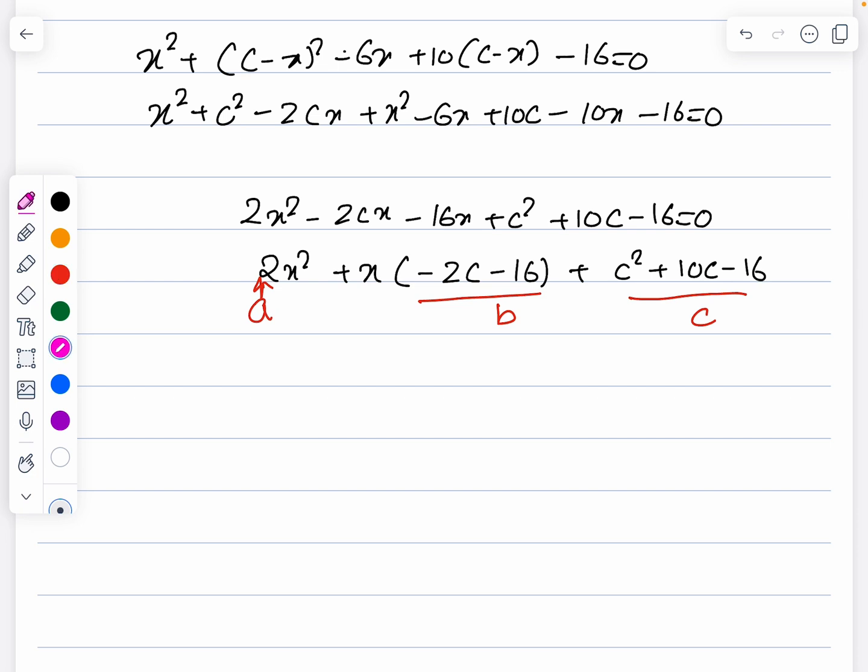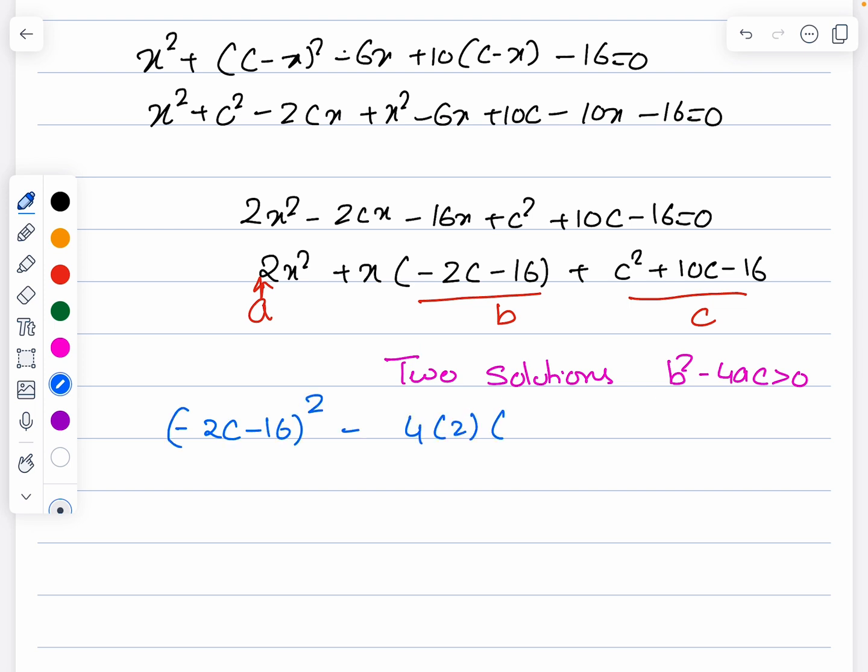If we have two solutions, remember, if we have two solutions, b square minus 4ac is greater than 0. So I am going to do minus 2c minus 16 whole square minus 4 times 2 times c square plus 10c minus 16 is greater than 0.